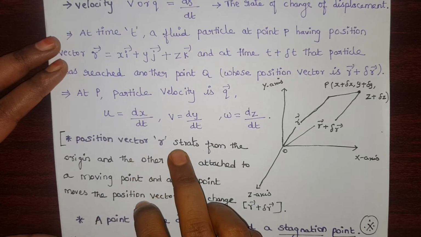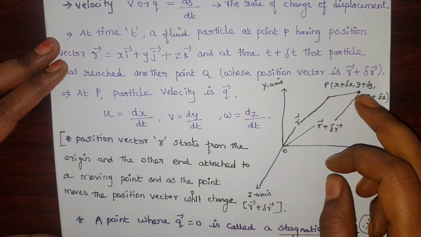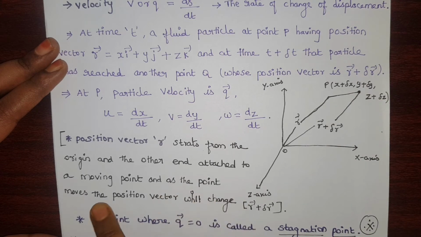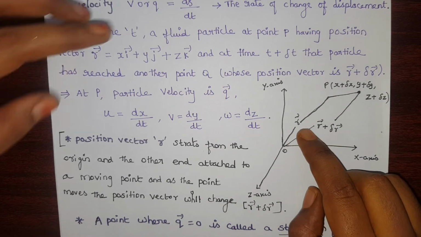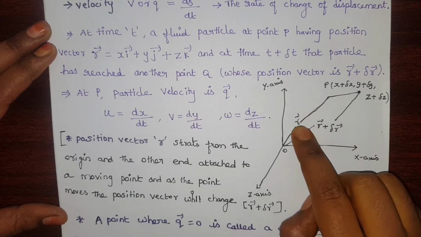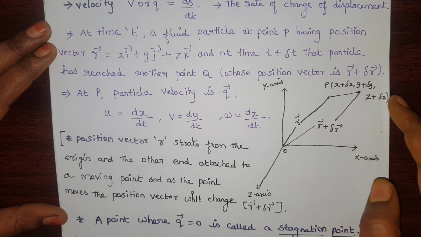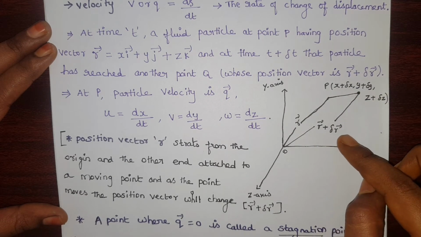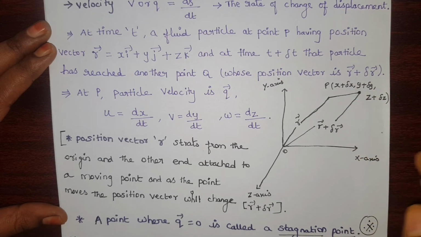The position vector starts from the origin and the other end is attached to a moving point, and as the moving point moves, the position vector will change. Suppose the fluid particle is at the point P, the position vector is r, and the time is t. It is moving to another point Q. Its position vector is r plus delta r, and its time will be t plus delta t.